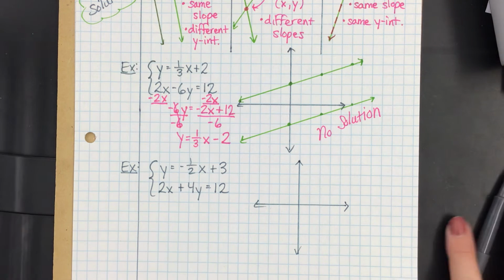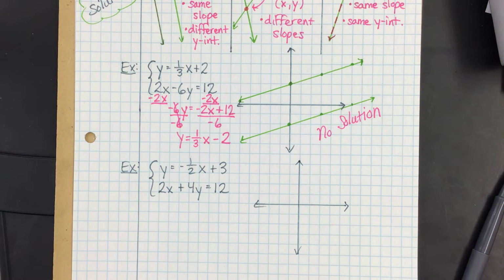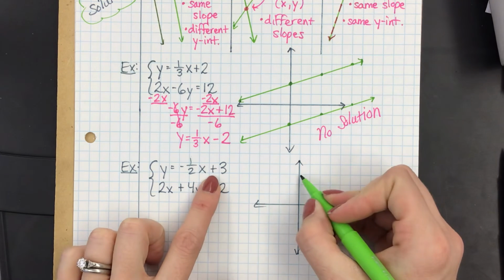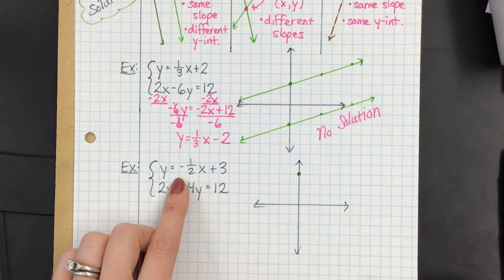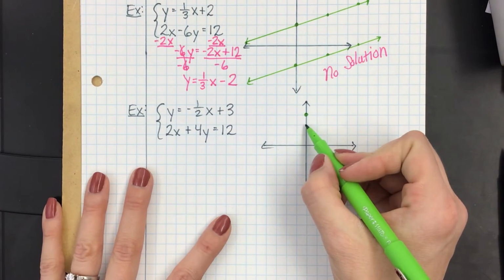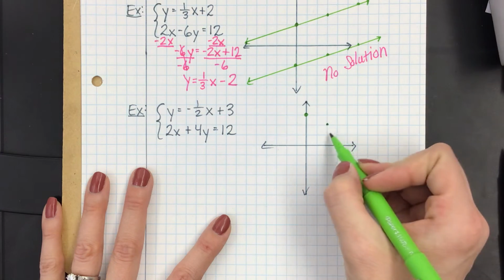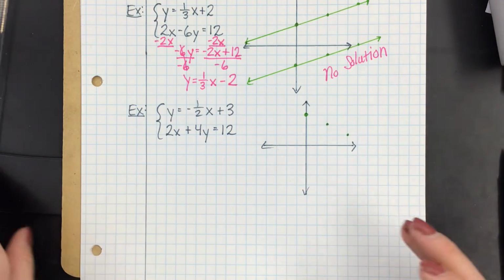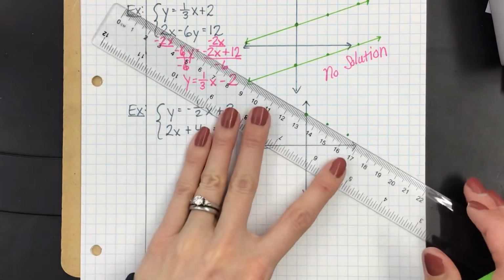My first line is already ready for me. The y-intercept is 3, and the slope is -1/2. So I'm going to go down 1 over 2, down 1 over 2, and graph that line.